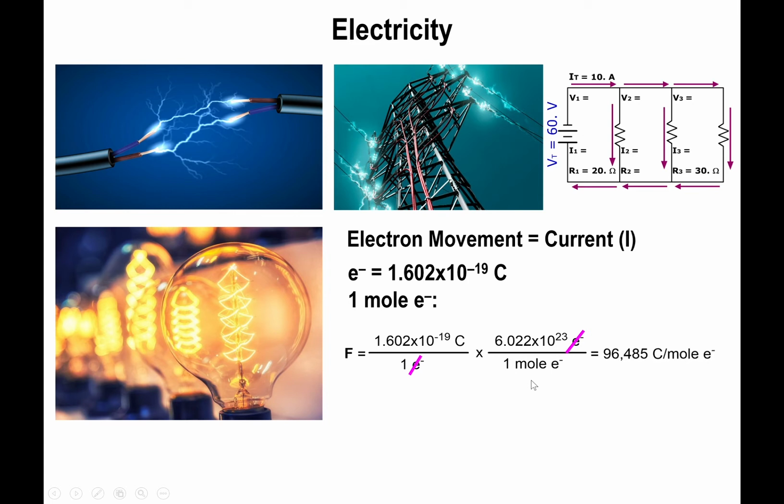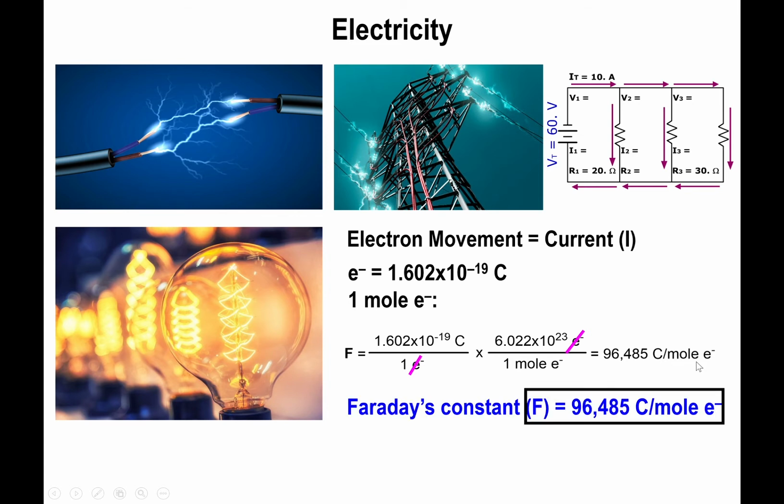And this tells you that you have in 1 mole of electrons a total of 96,485 coulombs. This is known as the Faraday constant, 96,485 coulombs per mole of electrons, which will allow us to switch over from the amount of electrons we have to a total charge that we're distributing. We're going to definitely be using that a little later.